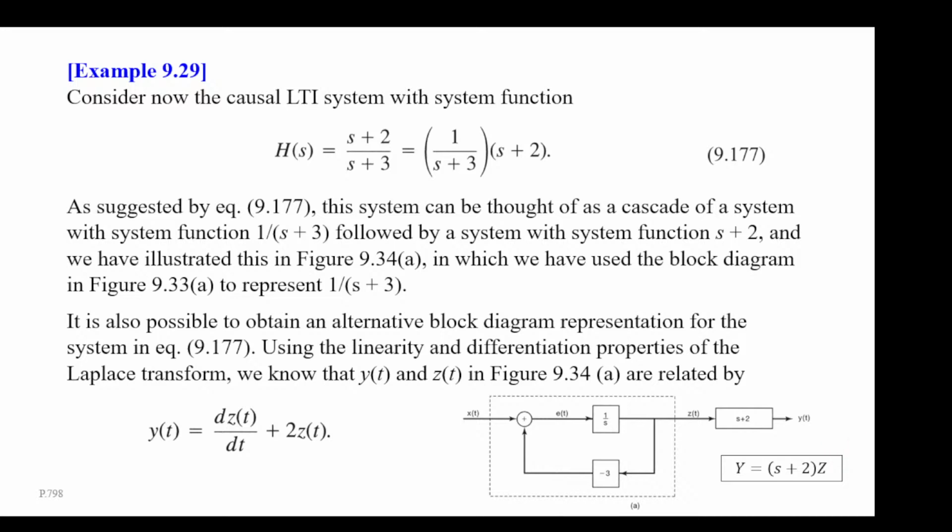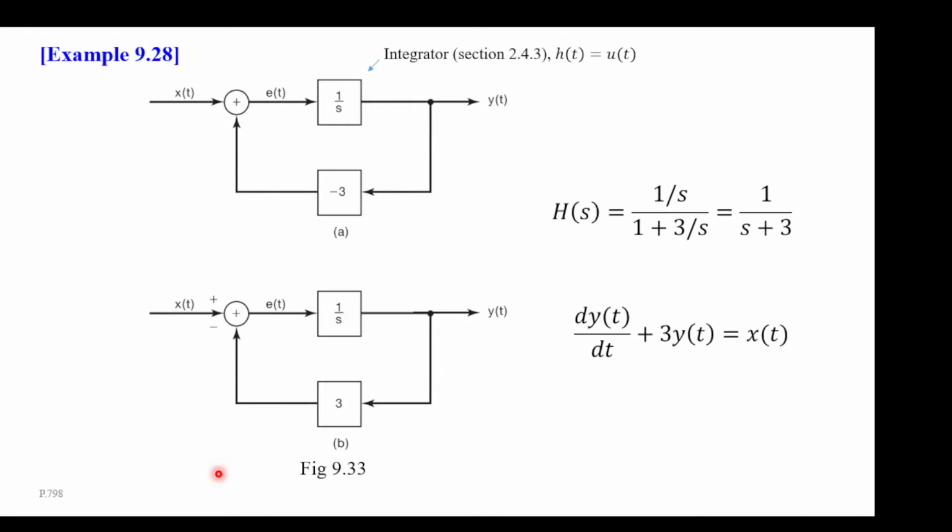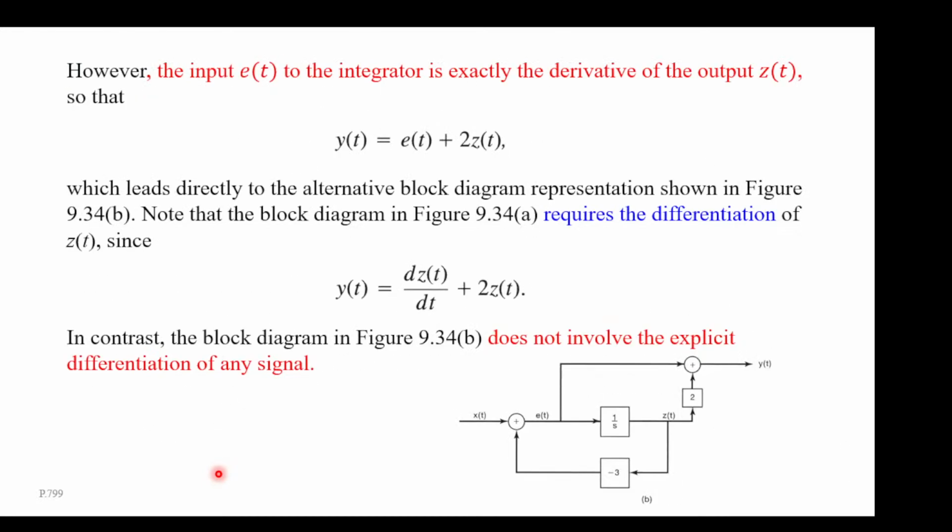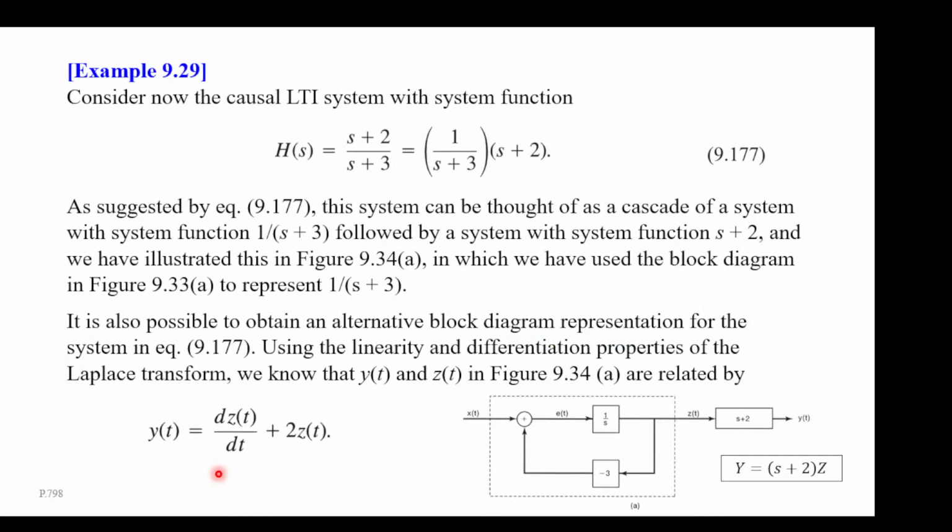I think we can skip a little bit of the middle part. What we see here is that we want big Y equal to s plus 2 times Z, and the hard part is getting sZ. But we already see it here: this part, which is really small, is 1 over s.